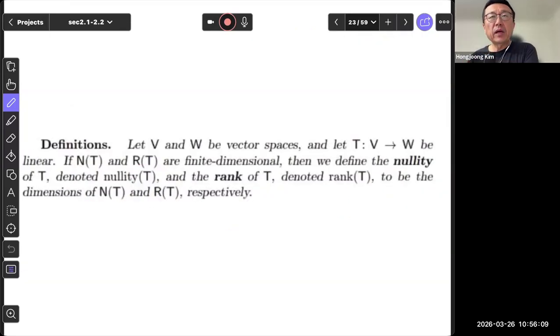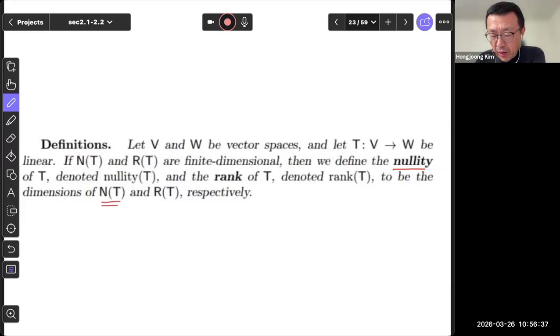Now, let V and W be vector spaces, and suppose that T is a linear mapping from V to W, and if N of T and R of T, the kernel and the range, are finite dimensional, then when I say the nullity, this implies the dimension of the null space.